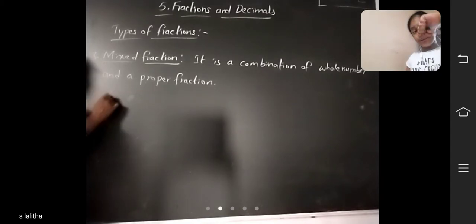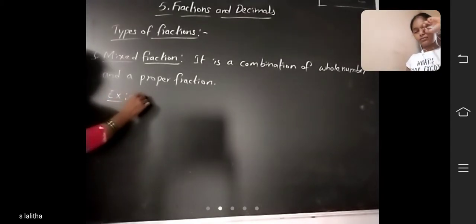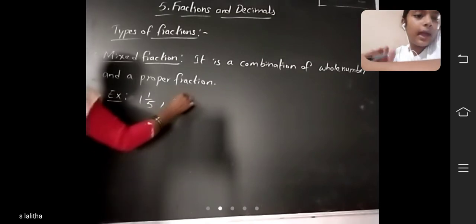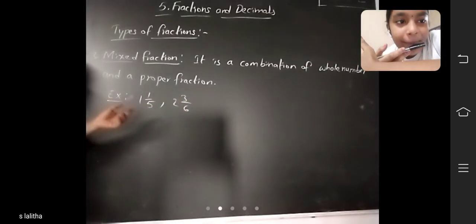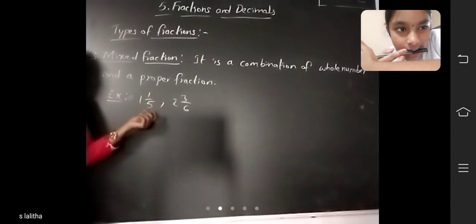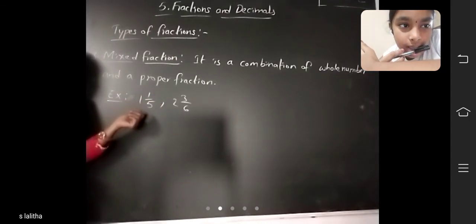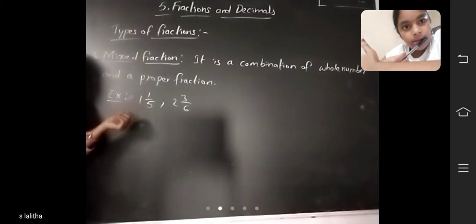Tell me examples. 1 by 5, 2 3 by 6. Okay. So these are the mixed fractions. One is a whole number, another is a proper fraction. It is a combination of a whole number and a proper fraction. Okay. Right.